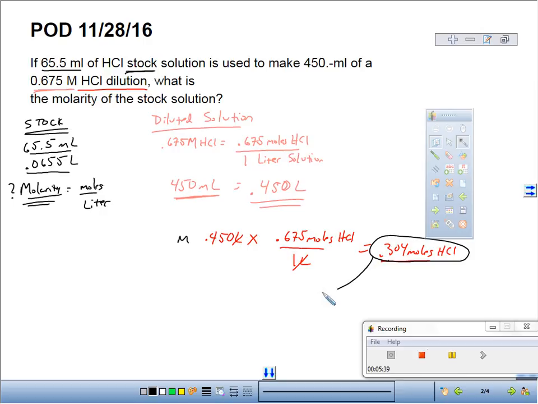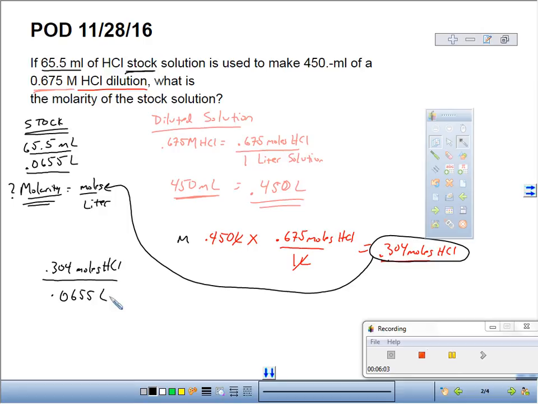So where did this come from? This came from over here. That's where it came from. So now over here, we know that the 0.304 moles of HCl came from my stock, and we also know that it came from a volume of 0.0655 liters, because that's how much they said that we used.